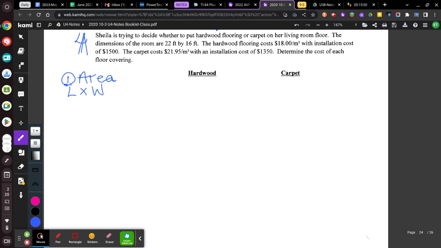So we're going to get 22 times 16. And this is going to give us 352 squared feet.